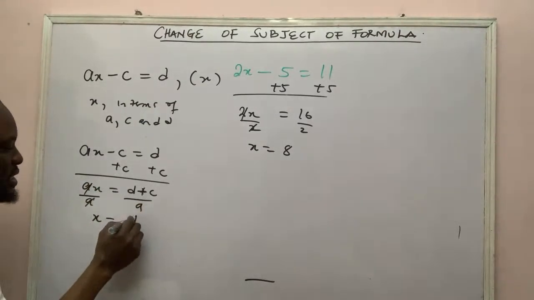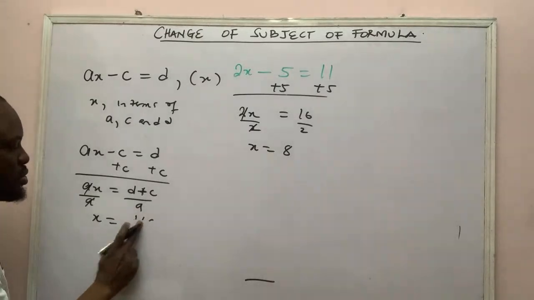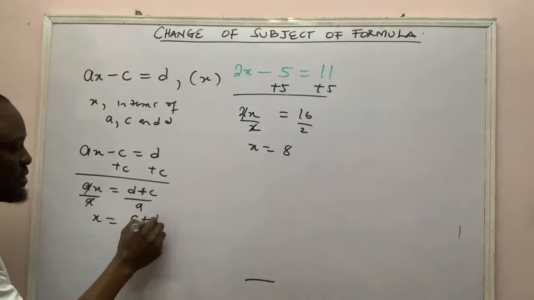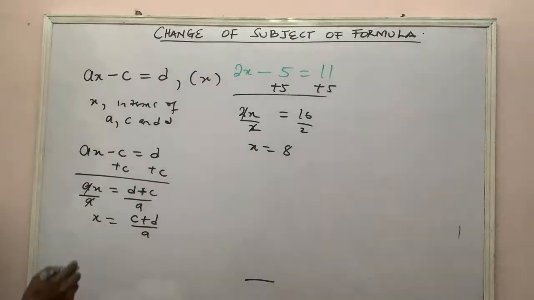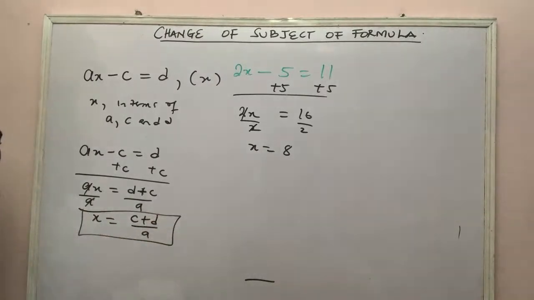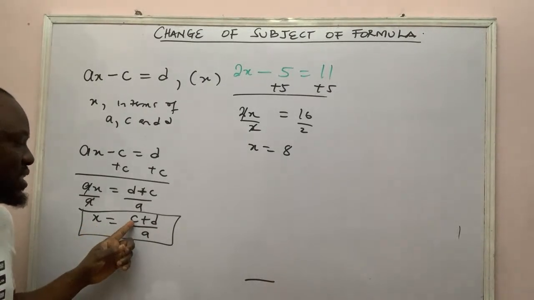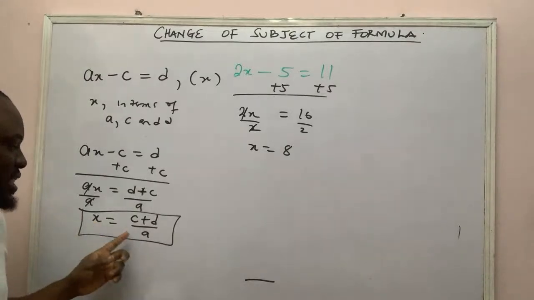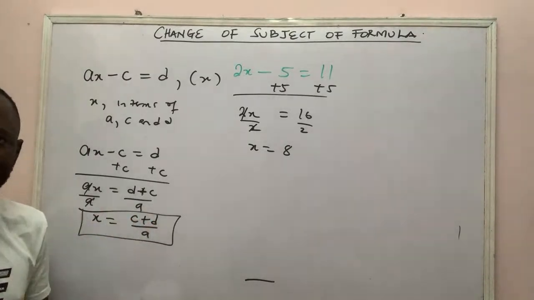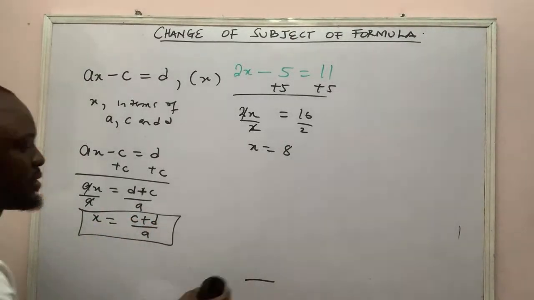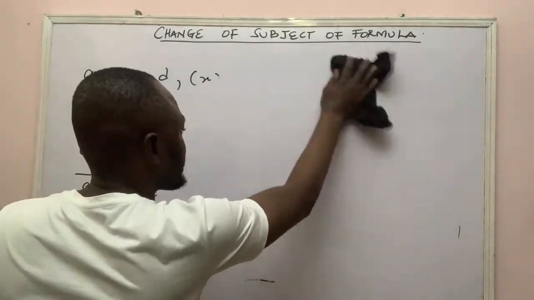So my x will be d plus c, but you can do it in alphabetical order, c plus d, all over a. So this becomes our answer. This can also be said to be x in terms of a, c, and d. All right? So let's take more problems.